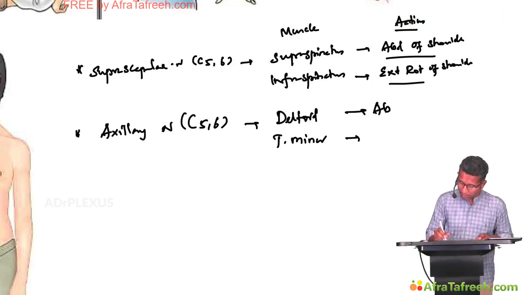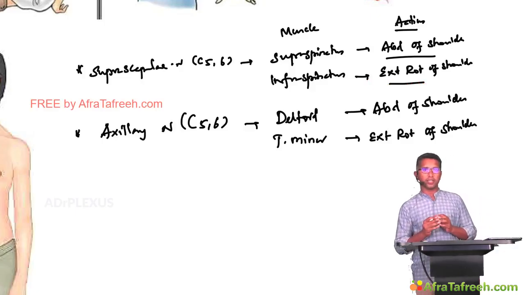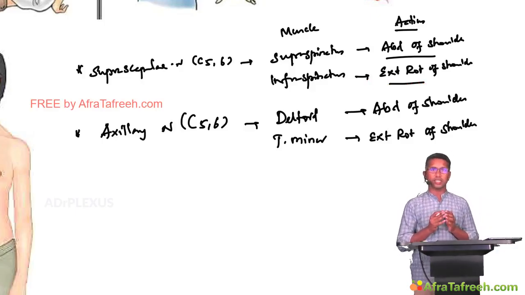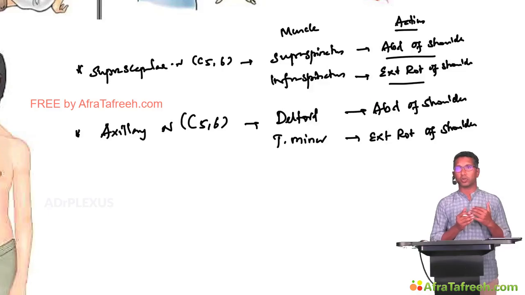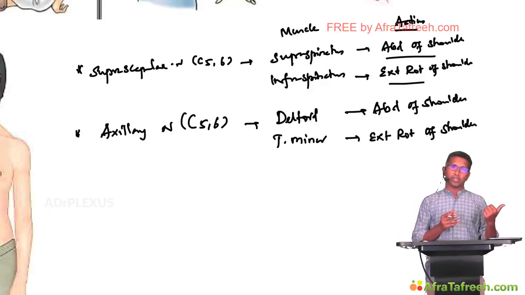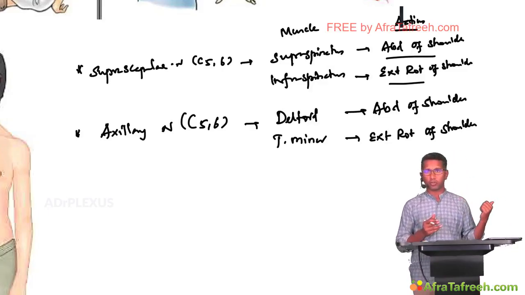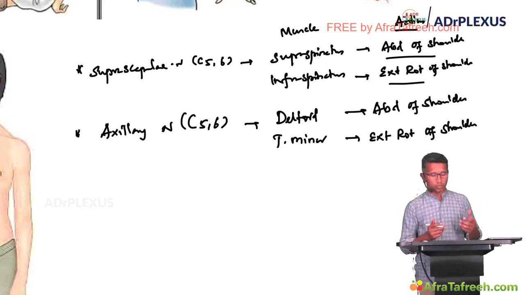Deltoid helps in abduction of the shoulder joint, whereas teres minor helps in external rotation of the shoulder joint, guys. Okay, clear? In brachial plexus injury, the axillary nerve is also one of the worst affected. So when the axillary nerve is affected, 2 actions are not possible: abduction of the shoulder, and external rotation of the shoulder.